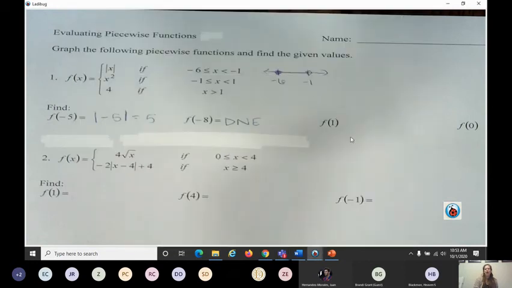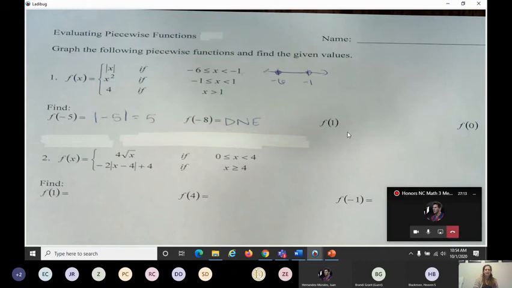Roxy, can you do f of 1 for me? Is it -1 is less than or equal to x less than 1? That's a good thought because it's got 1 here, but what symbol's right there? Less than. So does it include it?